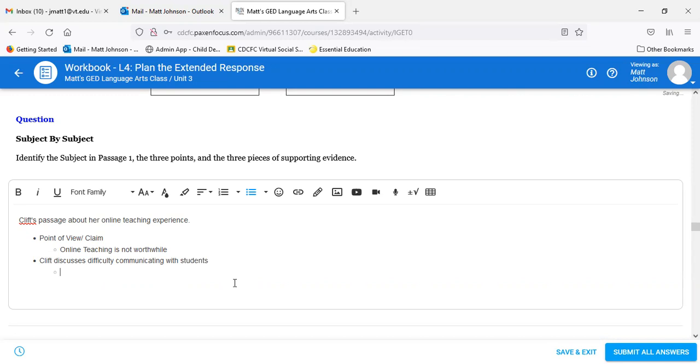And then her evidence is she did not connect with an online community, whatever it may be. And then the final one was tone.